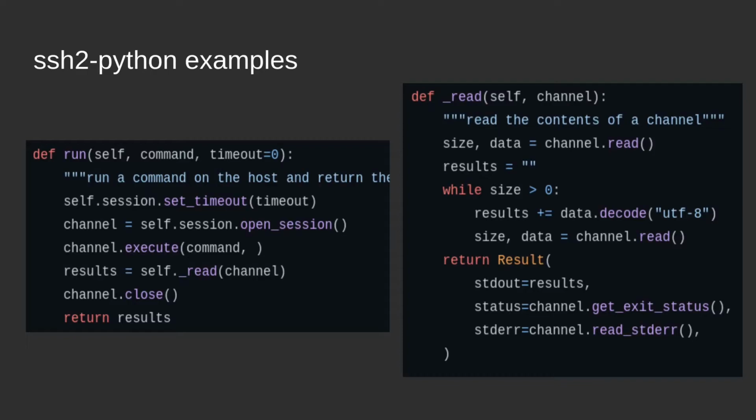We decode to UTF-8, read all the data in, and then pass that in through standard out, the status, as well as standard error. Those correspond to the results that were compiled in that while loop, the channel.get_exit_status method from SSH2 Python, as well as the channel.read_stderr method.